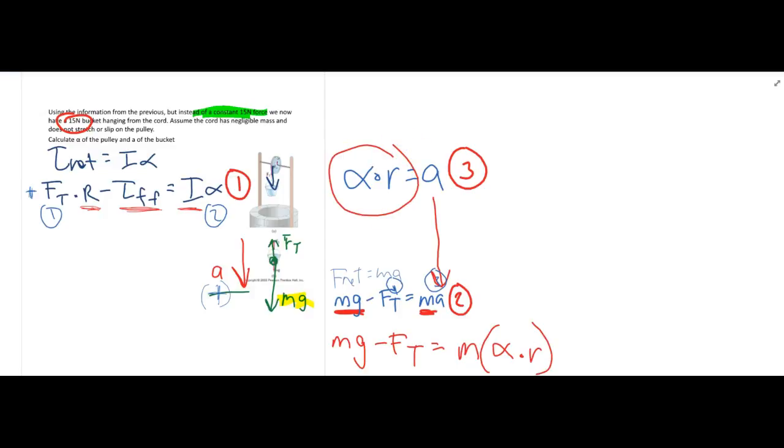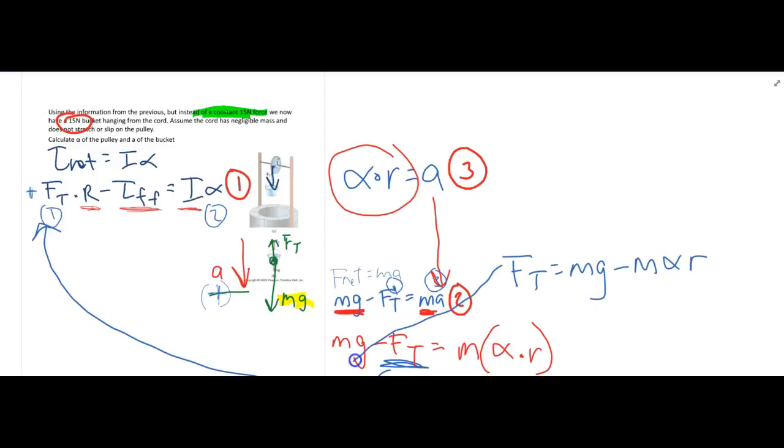Now, looking at my unknowns, I've gotten rid of the third one, so now I have to get rid of the second one. I'm trying to solve for alpha, so let's get rid of force of tension. I'm going to solve for force of tension and plug it in over here. With some algebra, force of tension equals mg minus m alpha r. I can take that and go all the way down and plug it in right here.